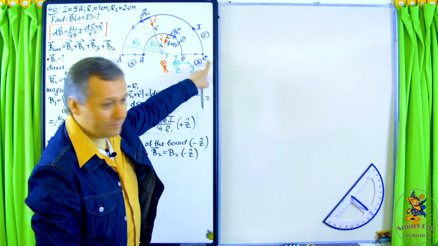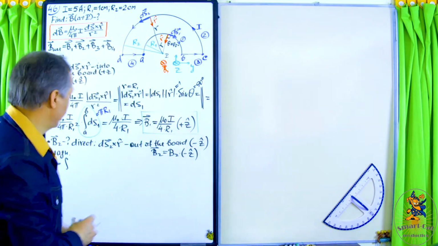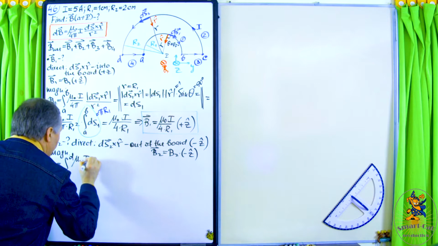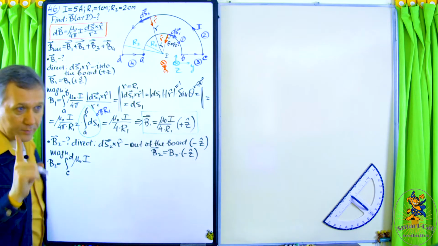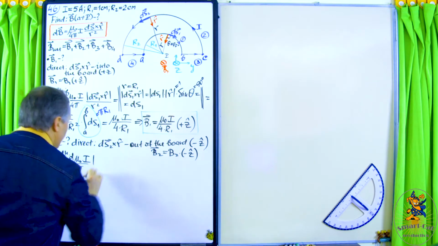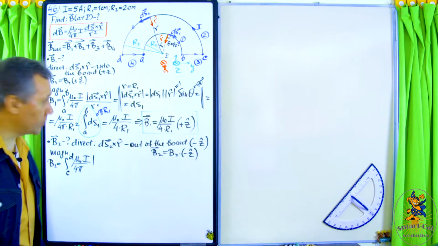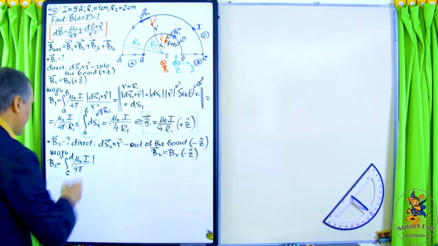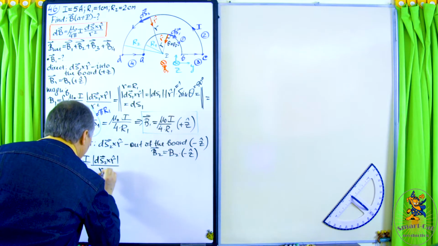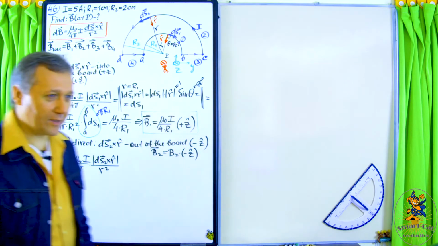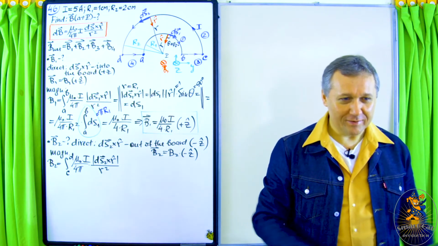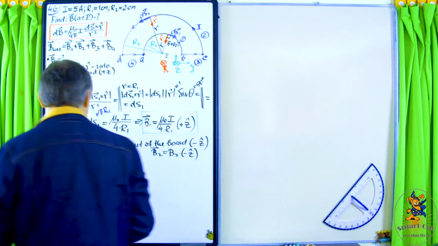We start from point C and move all the way to point D. And I just need to rewrite the Biot-Savart law over here: mu naught over 4 pi, then the absolute value, because now we know the direction, of the cross product ds2 cross r hat divided by r squared. Again, it's just a complicated construction. The Biot-Savart law doesn't look very elegant. It looks kind of clumsy, with lots of different things.